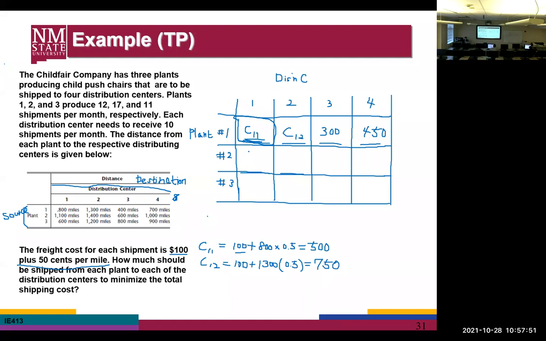So I believe this is going to be 650. And this is going to be 800. And this is going to be 400. This is going to be 600. Keep going, then that's going to be 400.